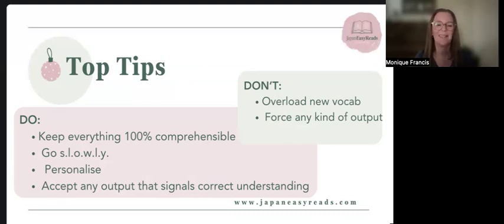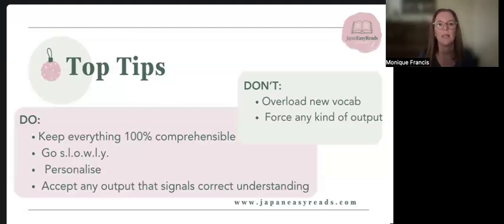So, would you like a croissant tree? Would you eat it? Would you like a reindeer as a pet? What pets do you have? So keep it personalized as much as you can, and accept any output that signals correct understanding.